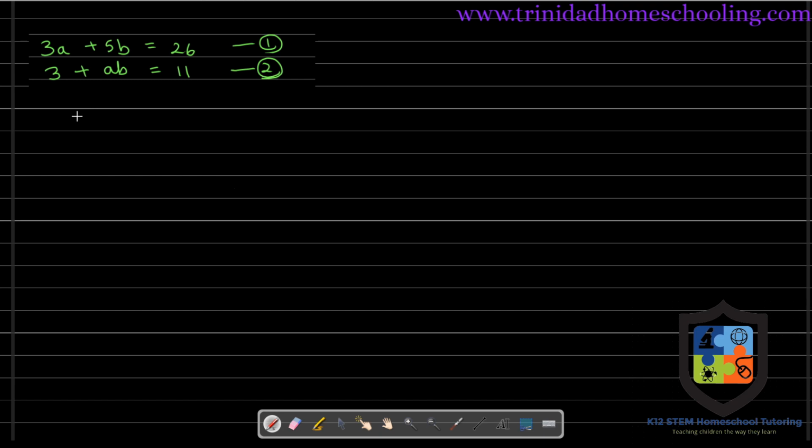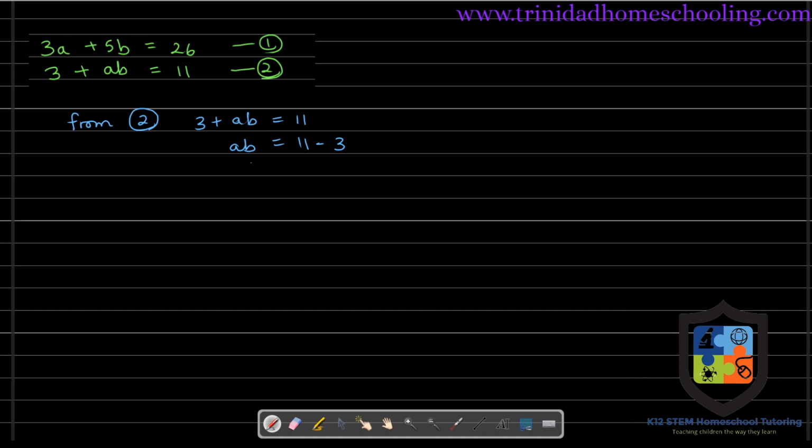I'm going to say from equation 2, I'm going to make b the subject of the formula. First thing I will do is move across this 3. It's plus there, so it becomes negative here. And the a is being multiplied by b.